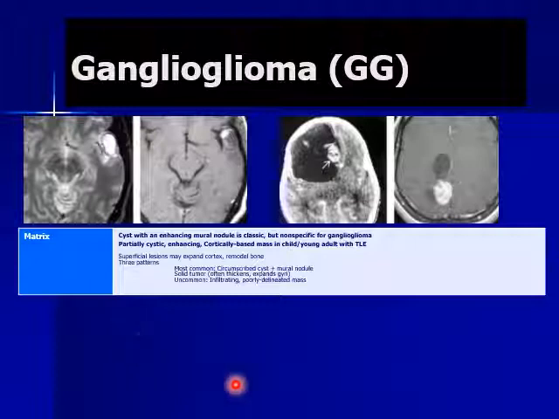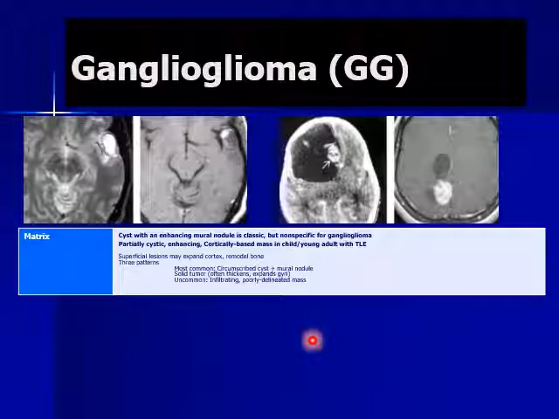Similar to PXA, it is composed of a cyst and nodule, okay, and the nodule is touching the pial surface. And as I've told you, it may start just as a solid nodule. Usually it is superficially located. It is benign, so it can cause remodeling of the overlying calvarium.